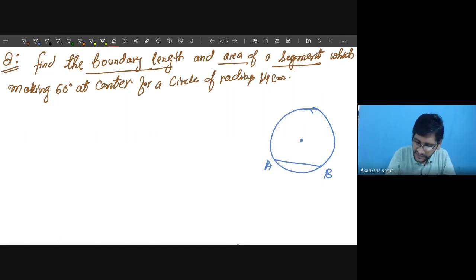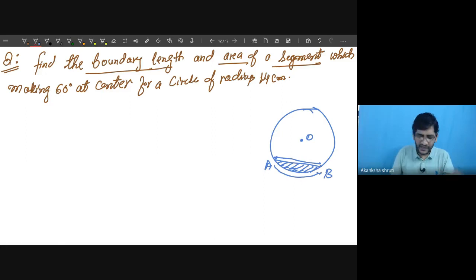So let me first draw it in the form of a segment itself. It is asked to find the boundary length as well as the area. For getting the boundary length, I need to calculate this arc length and this chord length. These are the two things that we need.